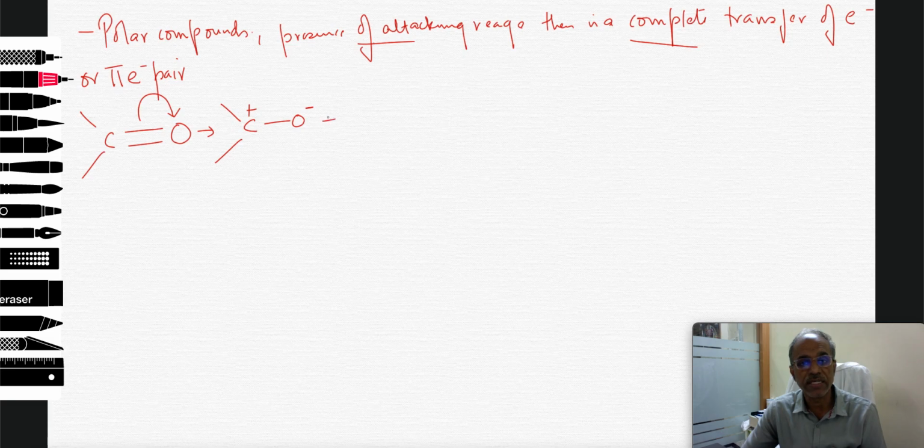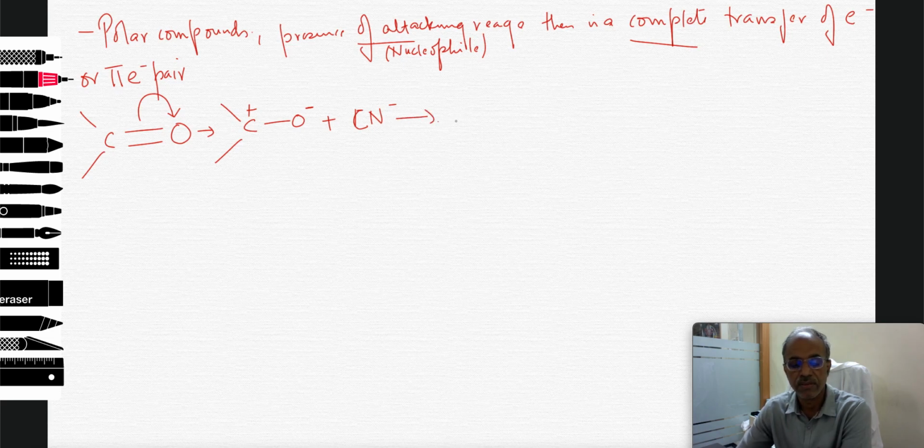Now suppose this has been attacked by a nucleophile, for example CN minus. Your attacking reagent is a nucleophile. This is the positively charged carbon, so CN will sit here, no doubt about it, and the oxygen becomes O minus.